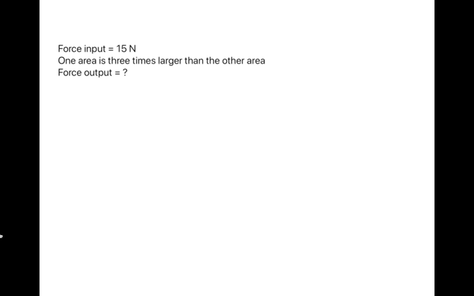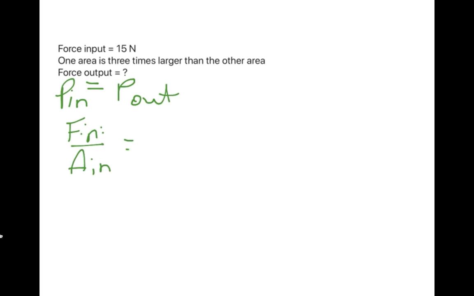And remember, pressure is equal. Pressure in equals pressure out. So that's how I'm going to start. So my force in is 15, and my area in, force out, area out.